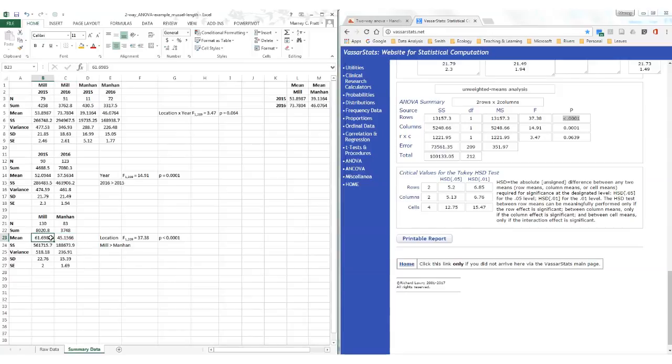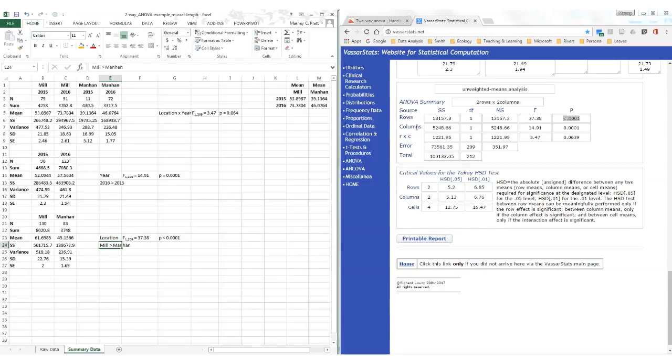And you can see that the mean muscle length at the Mill River is 61.7 millimeters if we round it up, and the mean for the Manhan is 45.2 millimeters. And so then we can say that the muscles at the Mill River are on average significantly larger than the muscles at the Manhan River.